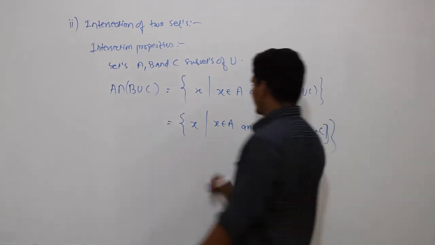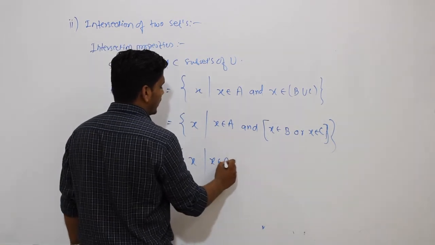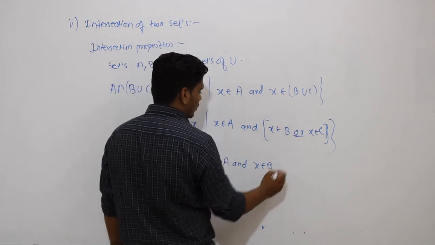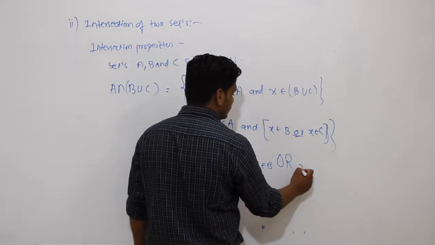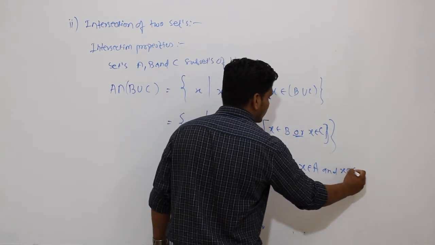Now what will happen? This is nothing but x such that x belong to A and x belong to B, or, here it is or, x belong to A and x belong to C. Okay?